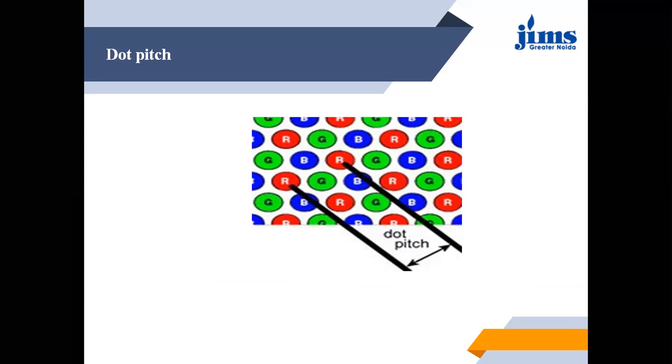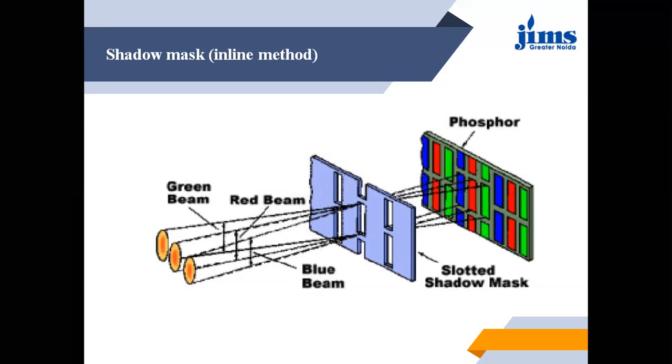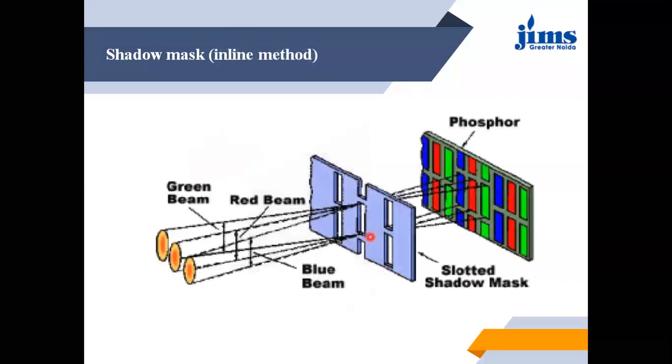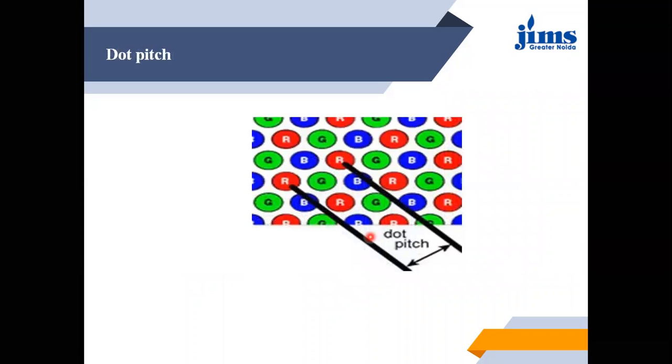Now, dot pitch. As we discussed, the phosphorus screen has different colors: blue, red, and green. The distance between the nearest same color pixels is called dot pitch.